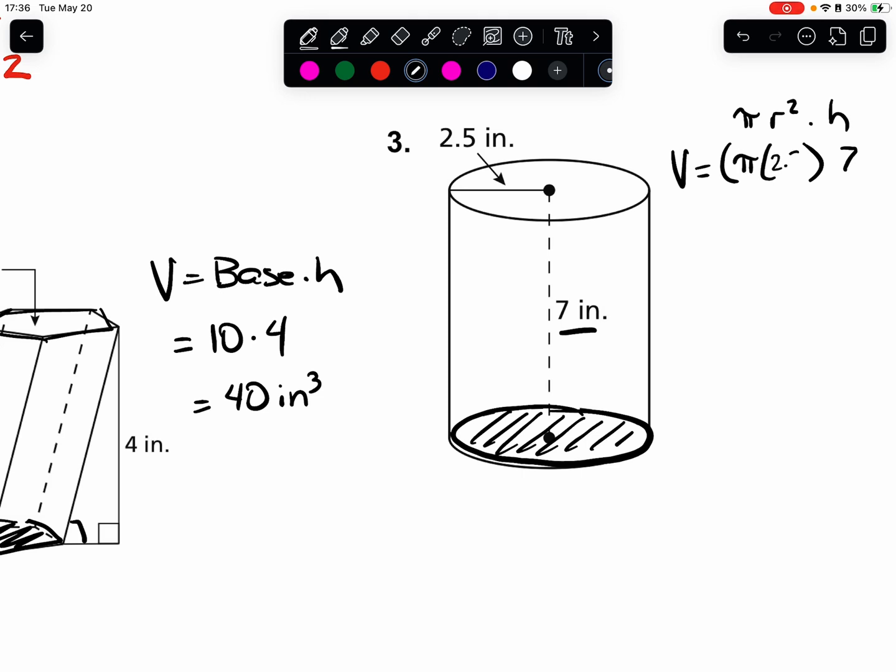So I've got pi, and the radius looks like it's 2.5. So I'm going to square that result and multiply by pi and multiply by 7 on my calculator, because I can't do that in my brain. All right, pi times 2.5 squared times 7.